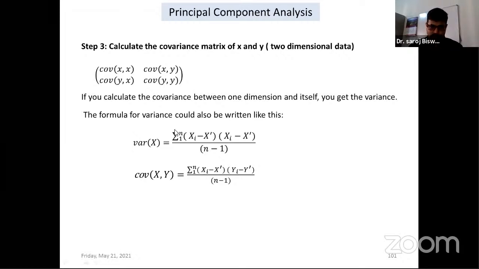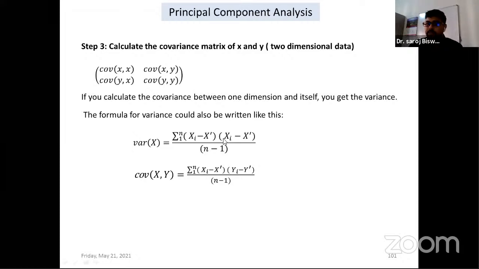So here it is the summation from i to n, where n is the total number of observations, how many observations we have. Then xi, the ith observation, minus the mean of x, and again the ith observation minus the mean. And finally, it is divided by the total number of observations minus 1.